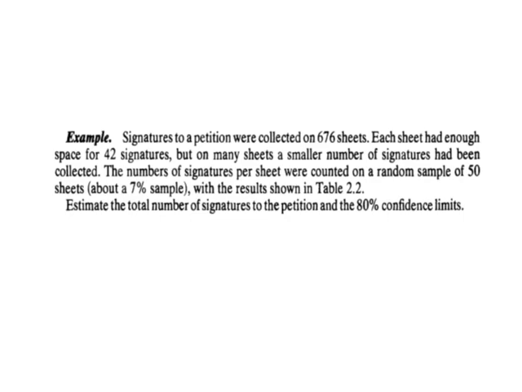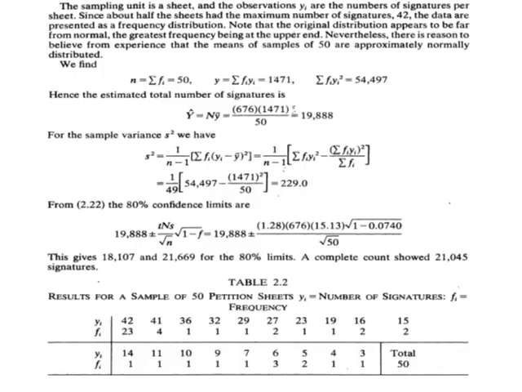The numbers of signatures by sheet were counted on a random sample of 50 sheets, about 7% of the sheets. With the result shown in table 2.2, estimate the total number of signatures to the petition and the 80% confidence limits.